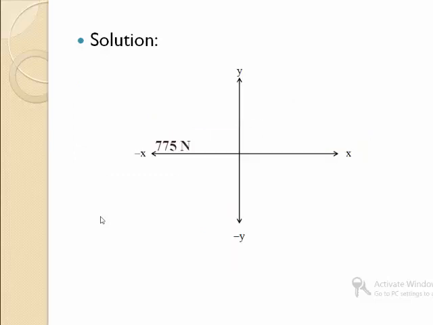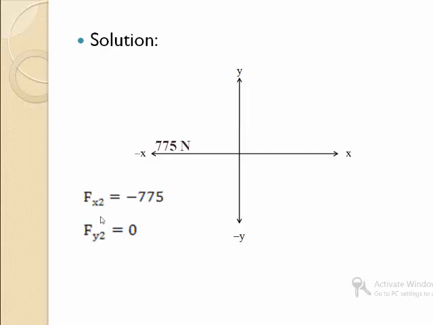Next, considering the second force of magnitude 775 Newton, which is acting along the negative x-axis. So there is no vertical component for this force. Fx2, the horizontal component of this force, is minus 775 Newton because it is acting along the negative x-axis, and there is no vertical component for this force.